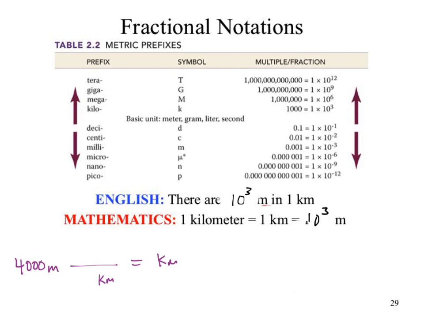Okay, so what do I mean? Well, over here, how can I get the kilometers over to the other side? I can divide. I'll divide both sides by 1 kilometer. Okay, and I would get 10 to the third meters over 1 kilometer equals what? Equals 1 kilometer. I have kilometers in the denominator and the numerator.